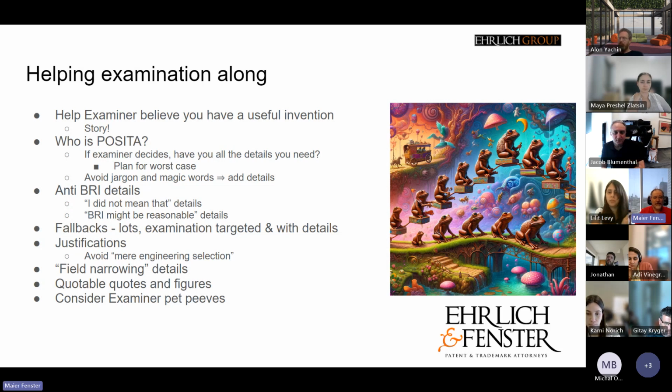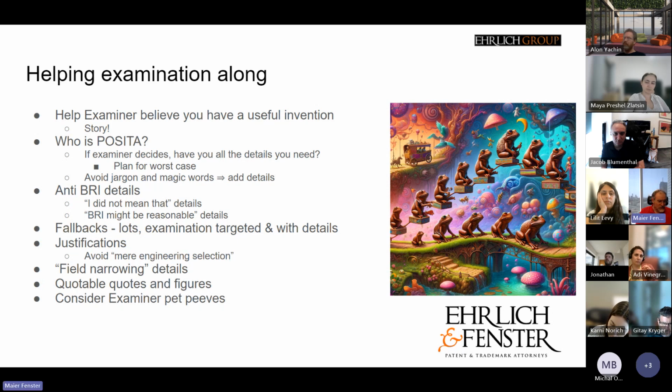The claim said chocolate amphibian, and maybe somebody made a chocolate salamander, that when you put it in water, the tail wiggles and it moves. We didn't mean that, but the way we wrote the claim covers it. So we need to put in ahead of time details, which if the examiner gives an interpretation which is broader than what we want, but is still reasonable, we can define better what it is that we wanted.